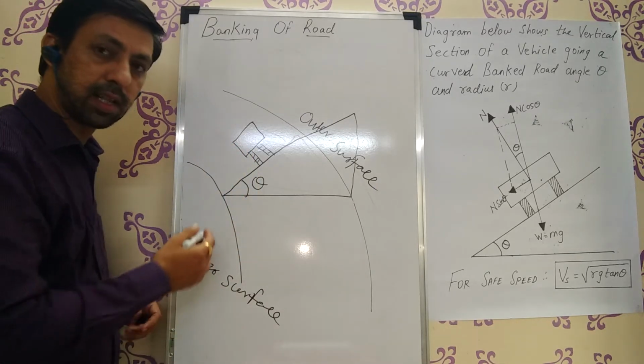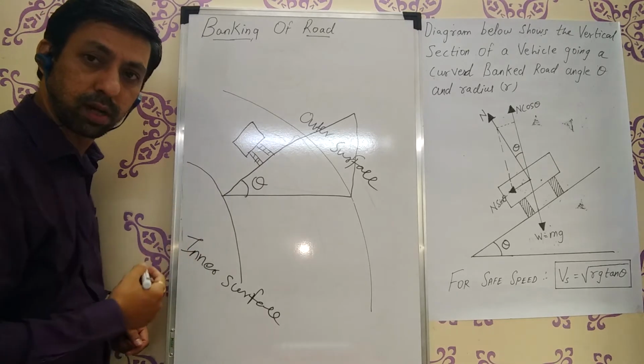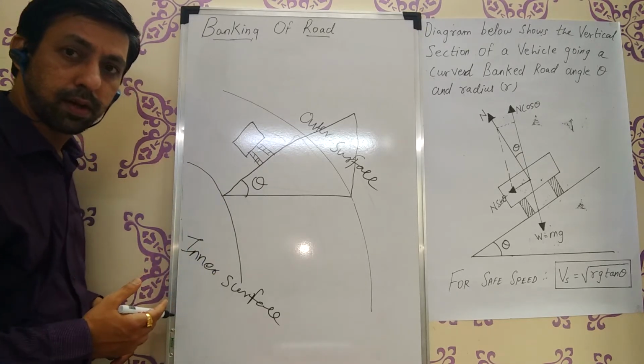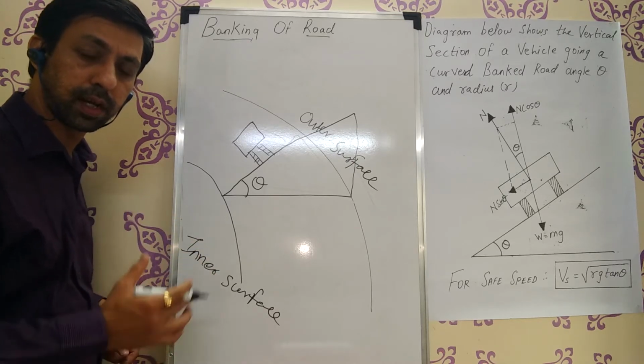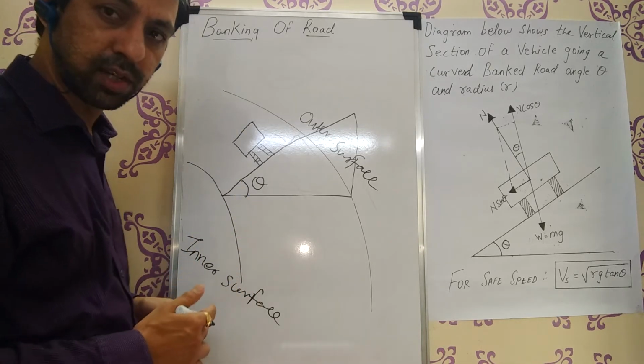Exactly in the case of a car also, it is attracted towards the center. That means there are certain forces which will balance with the centripetal force very easily in the case of banking of road. We are going to see that with certain expressions also.